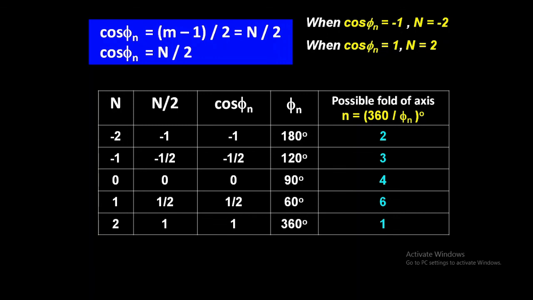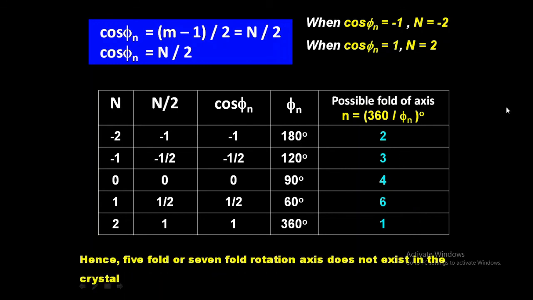So mathematically it is proved that there is no existence of 5-fold or 7-fold symmetry in the crystal, because we are not getting the value 5 or 7 in the table. So analytically we proved that 5-fold or 7-fold rotational symmetry does not exist in a crystal. This is the mathematical, analytical method to show why 5-fold or 7-fold symmetry doesn't exist. Thank you.